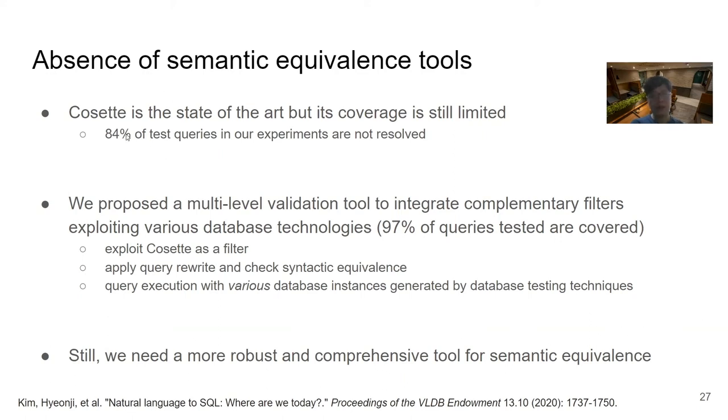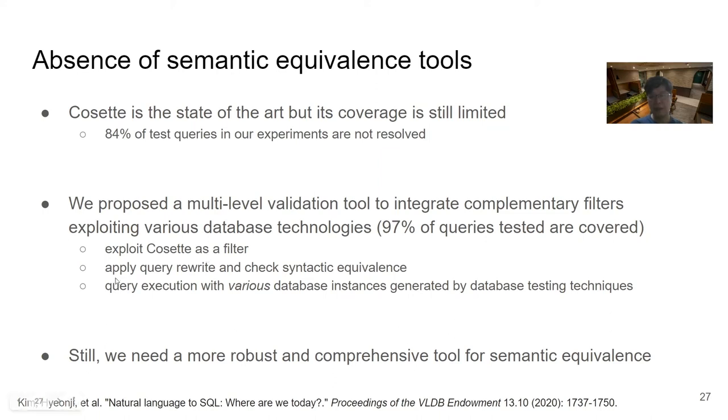Although Cosette guarantees the semantic equivalence between two queries, its coverage is quite limited. In our VLDB paper, we proposed a multi-level validation tool by exploiting the following three techniques. First, exploiting Cosette as a filter.